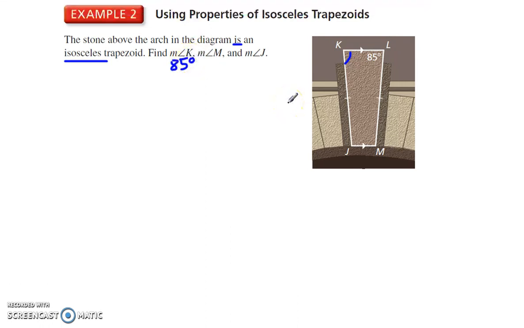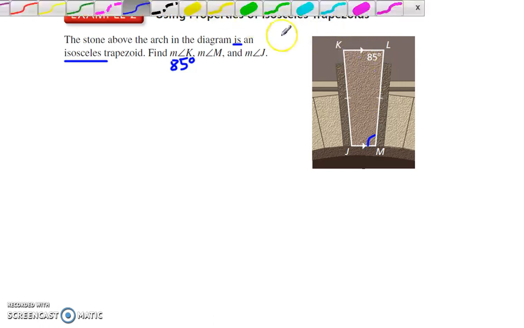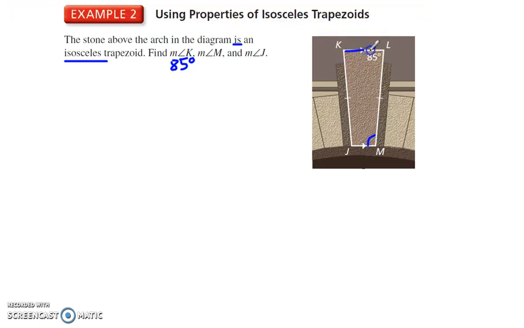And then we have the measure of angle M. This angle right here is on a parallel line. These two are parallel, which makes these two angles consecutive interior angles, which means they add up to 180.